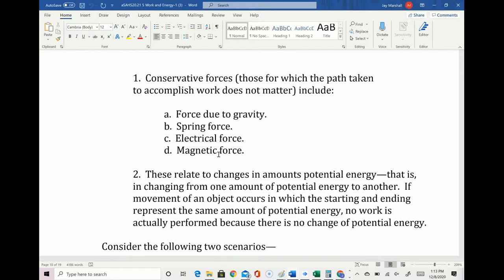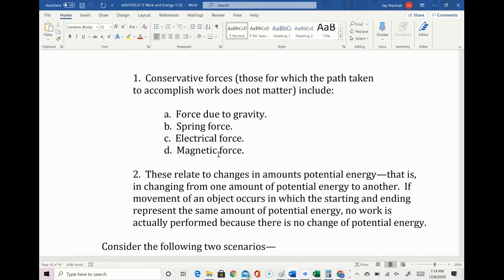Now, recognize that when we do work against gravity, or a spring, or an electrical force, or a magnetic force, all we're doing is changing the amount of potential energy. The object that we move with relation to one of these forces either has more or less potential energy than it used to.